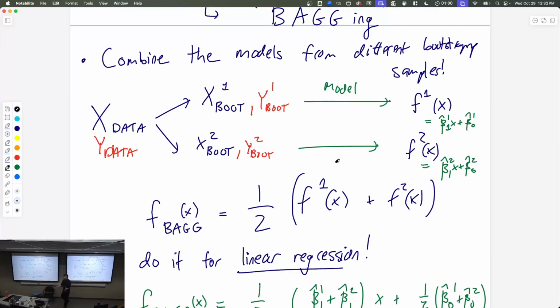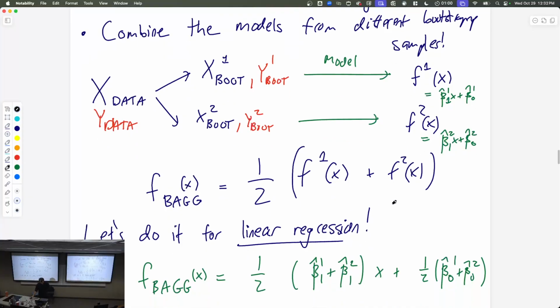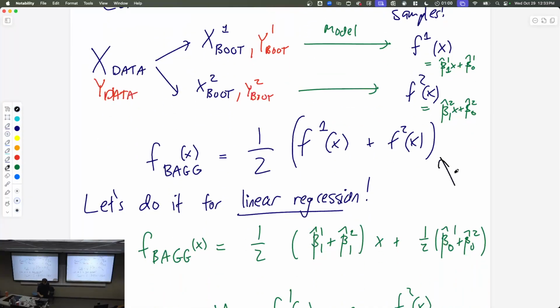You take your collection of penguins or whatever else, you create several different bootstrap data sets, and then for the model, don't use a linear regression model, use a tree. If you use various trees and then add them all together, the hope is that the bagged tree at the end, which is bagging individual trees, will give you something called a random forest, and that will be highly performant. So that's the idea.